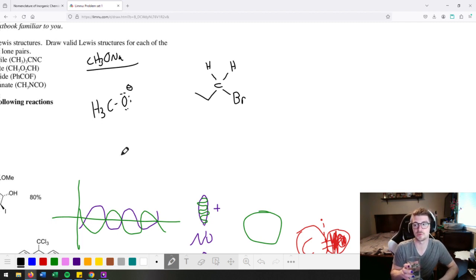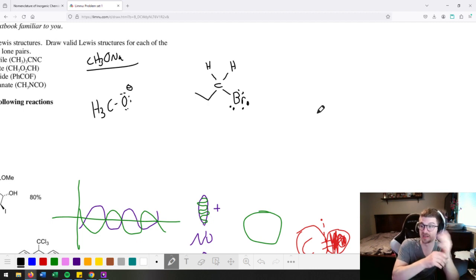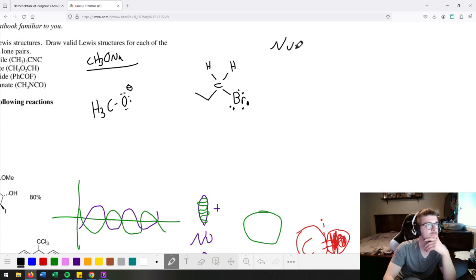So when we're doing nucleophilic substitution, there's a few things that we need. And I'm going to draw this out properly and put my lone pairs around because that's important. Nucleophilic substitution is a reaction between a nucleophile and an electrophile.